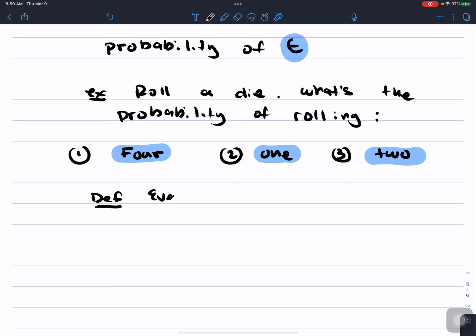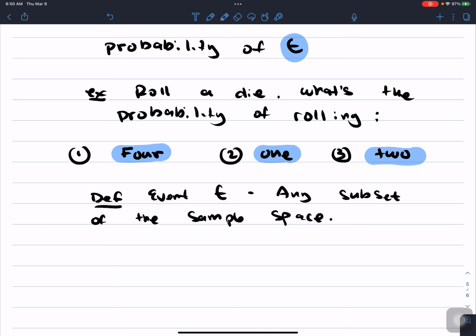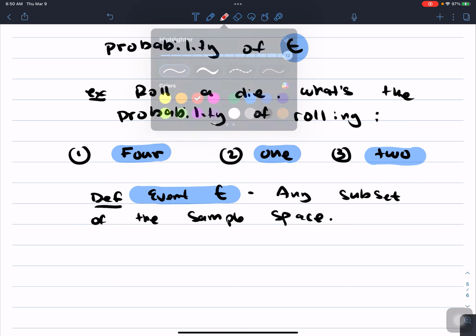An event, E, is any subset of the what? Sample space. This is what we call an event. It's a subset. What's a set again?